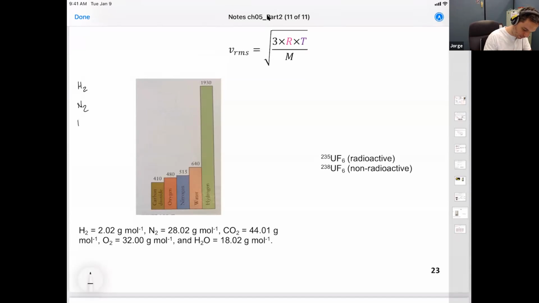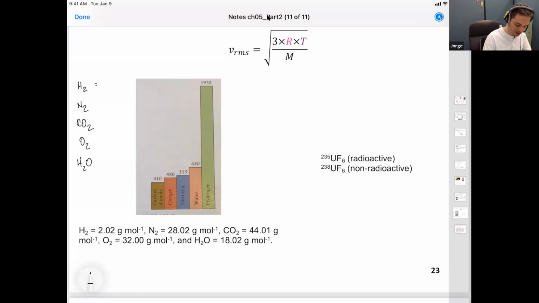We have hydrogen, nitrogen, CO2, O2, and water. All of them are gases, and we want to compare the speed of each one. Okay, get the comparison of the speed among the series here.